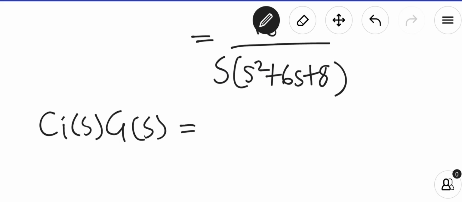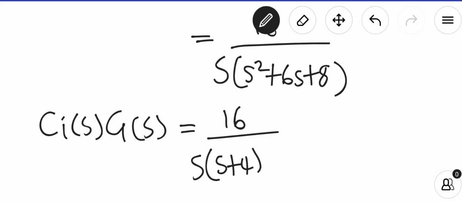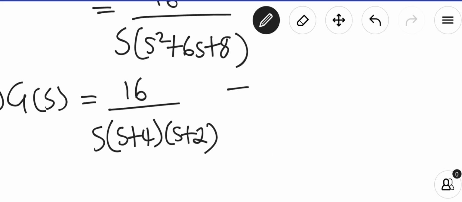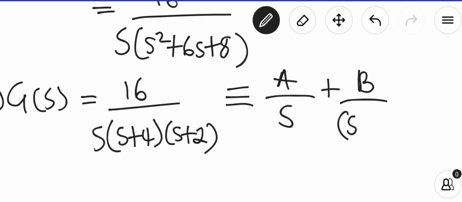But first, this should be equal to 16 over s times, and we can still factorize the denominator further, so it becomes s plus 4 and s plus 2. Now to convert to partial fraction, this is identical to A over s plus B over s plus 4 plus C over s plus 2.